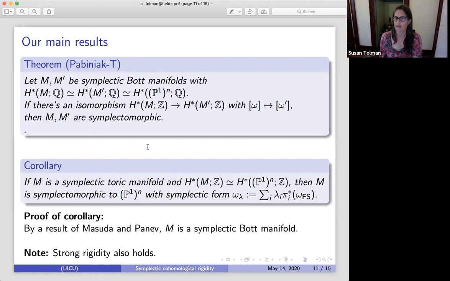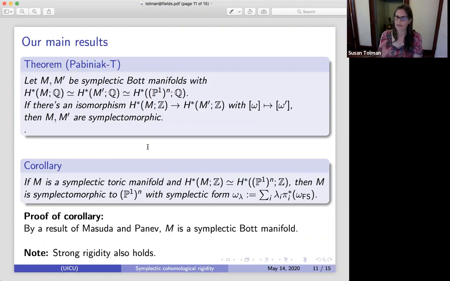So again, trivial rational cohomology. The claim is, if there's an isomorphism from the cohomology of M to the cohomology of M prime that takes the class of omega to the class of omega prime, then M and M prime are symplectomorphic. In other words, symplectic cohomological rigidity does hold for this class.